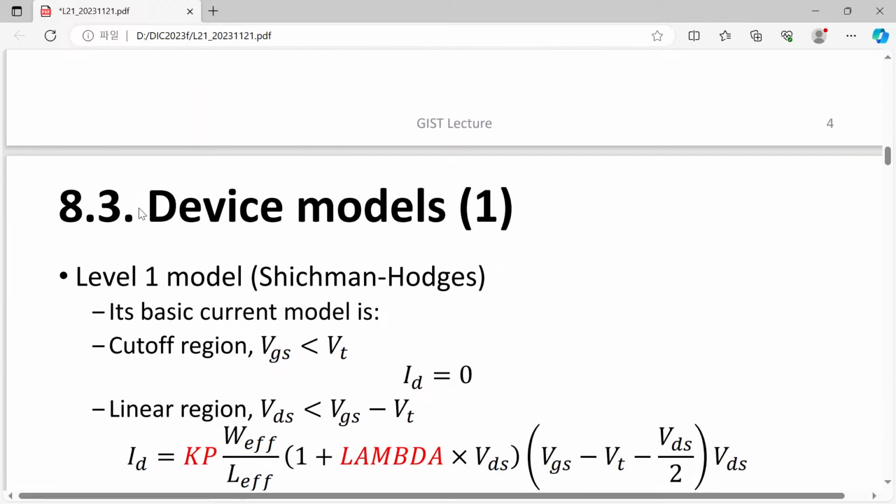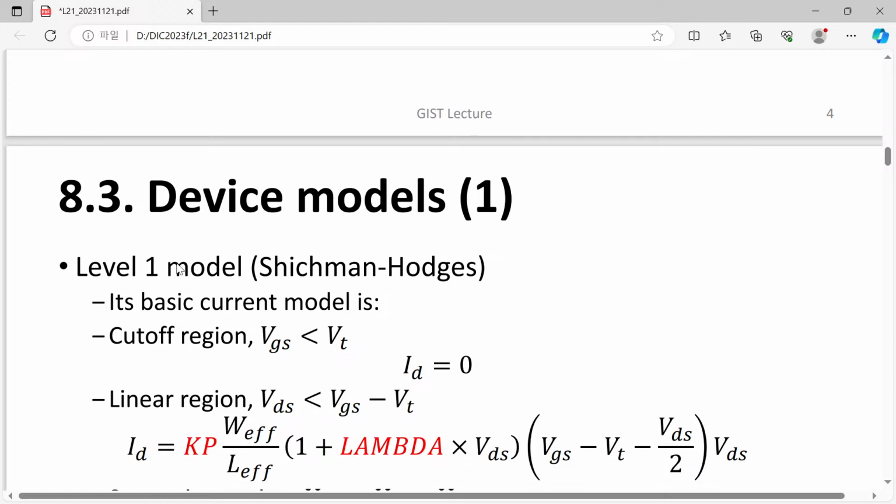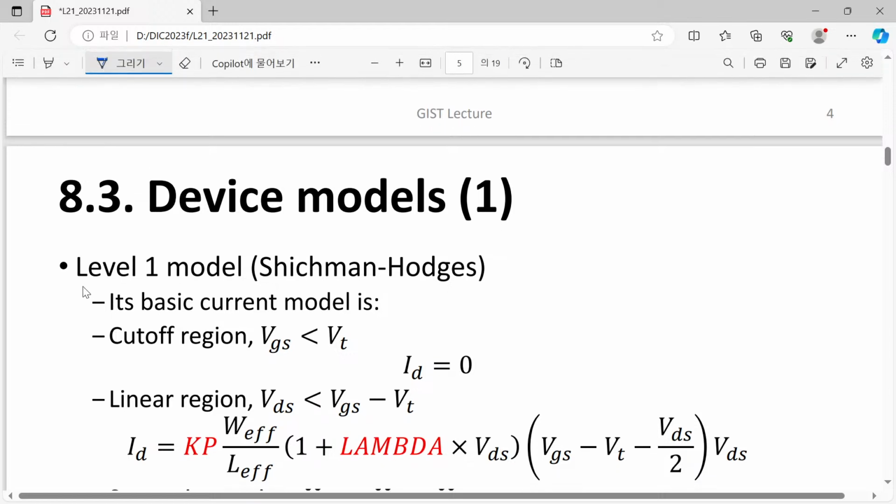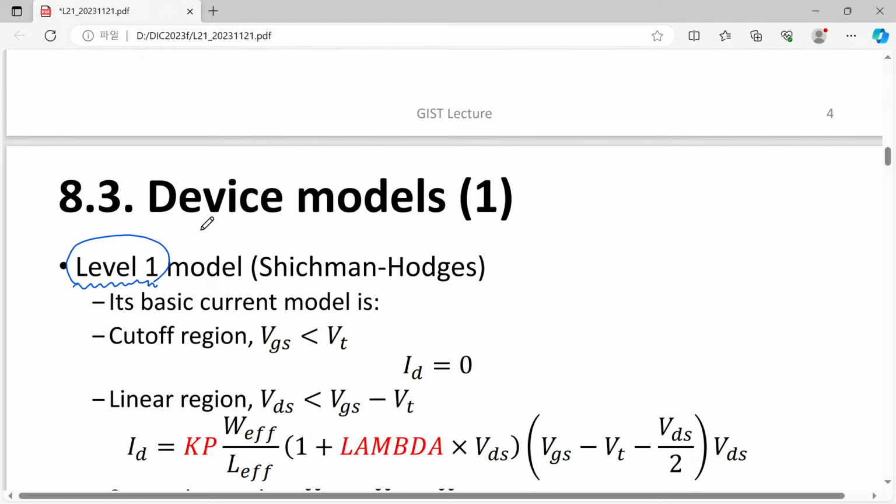Here we have the so-called level 1 model. Level means that SPICE allows many different levels of the MOSFET model. We have tons of different levels, and some of them are widely used and some of them are seldom used.